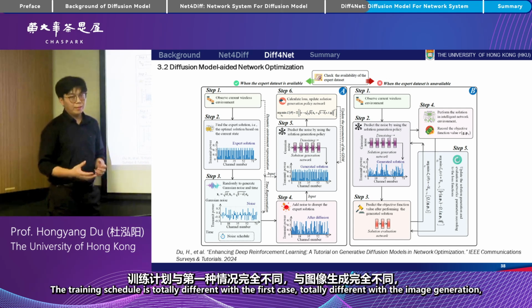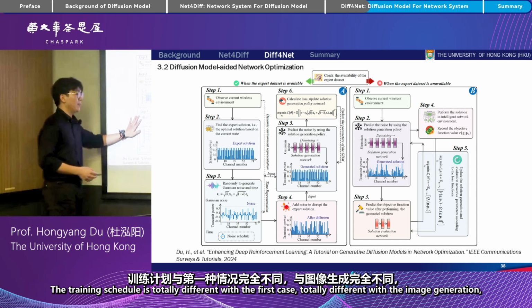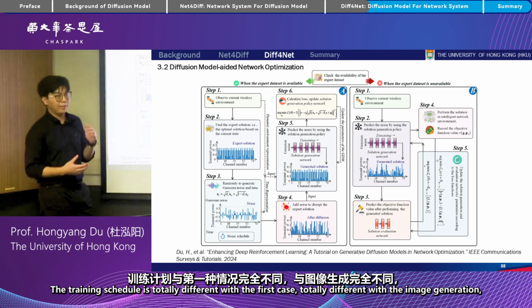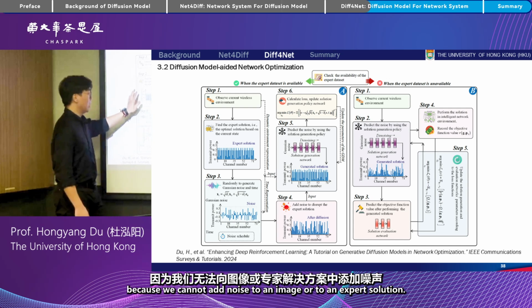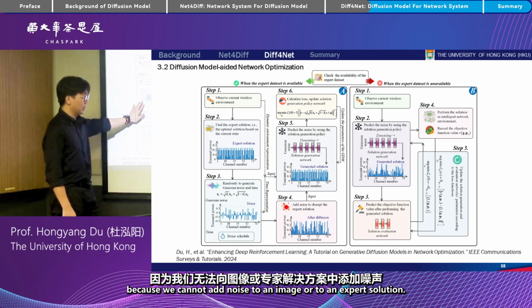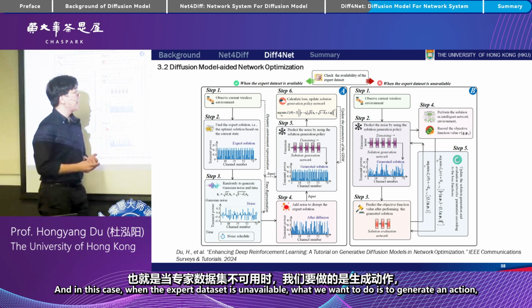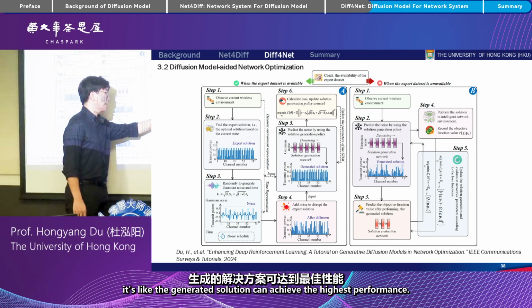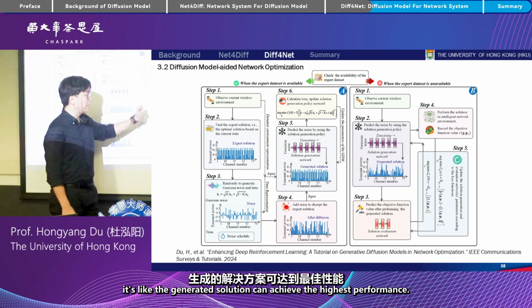In this case, the training schedule is totally different from the first case, and totally different from image generation, because we cannot add noise to an image or to an expert solution. And in this case, what we want to do is to generate an action, like a generated solution that can achieve the highest performance.